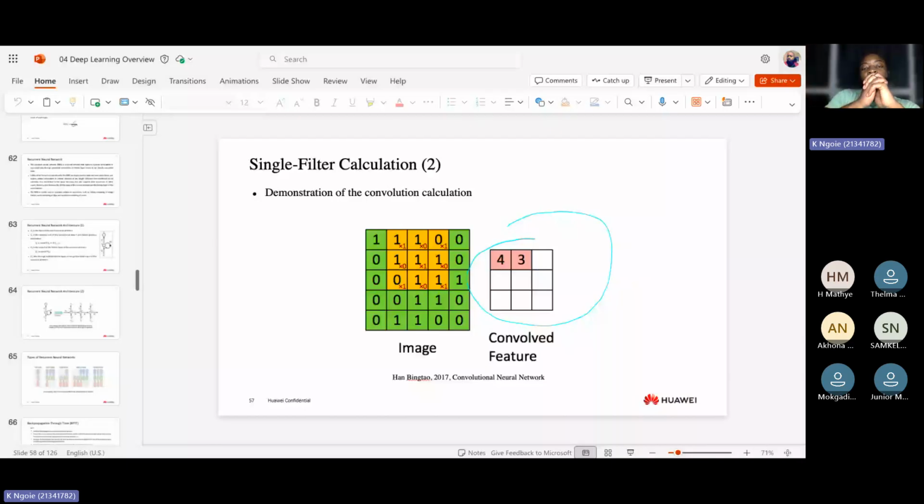Yes. What else do we have? A pooling layer, and a fully connected layer. Yes, perfect. So that is very important to note. And another important thing to note is in what type of scenario do we need to use a CNN, a convolutional neural network? When dealing with images. Perfect. Those are the most important things that you need to note about CNN.